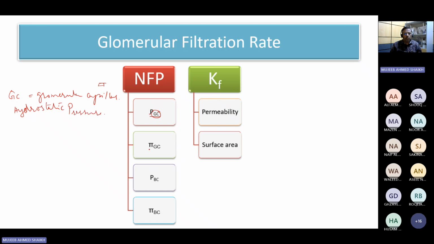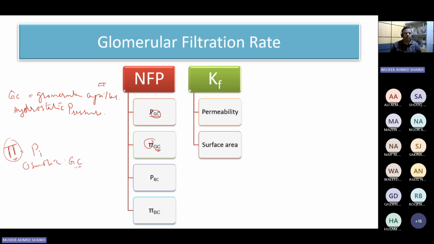What is this sign? The name of this sign in mathematics is pi. And what is this GC? Glomerular capillaries. So this sign we use to denote osmotic pressure, in the glomerular capillaries.